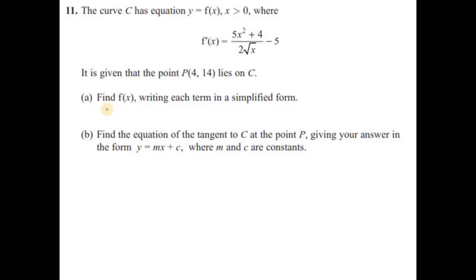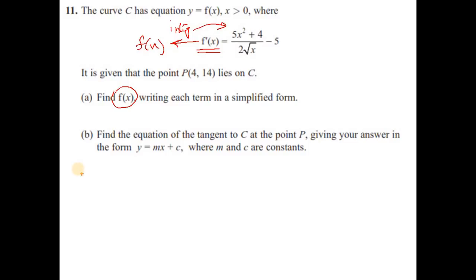So we are given f dash of x, that means this is the derivative, and they are asking us to find the function f of x. So from the derivative to the given function we need to integrate it. So we are going to integrate this function and then let's see what can be done.